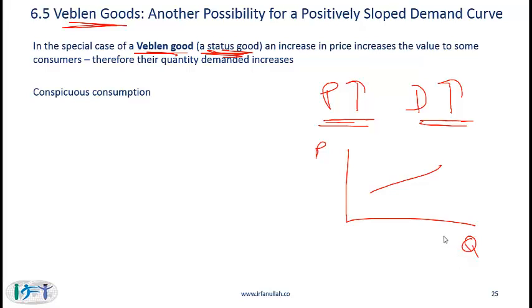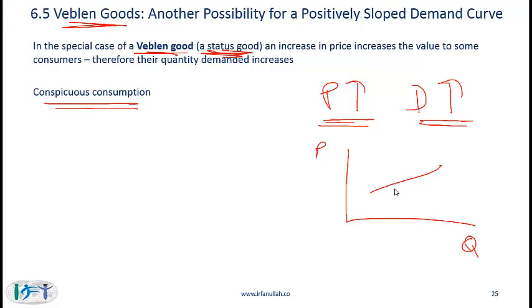Here also the concept of conspicuous consumption comes in, where people are consuming just to show the world that they have money. Many students get a little confused between Veblen goods and Giffen goods, and again I want to emphasize that they are completely different.